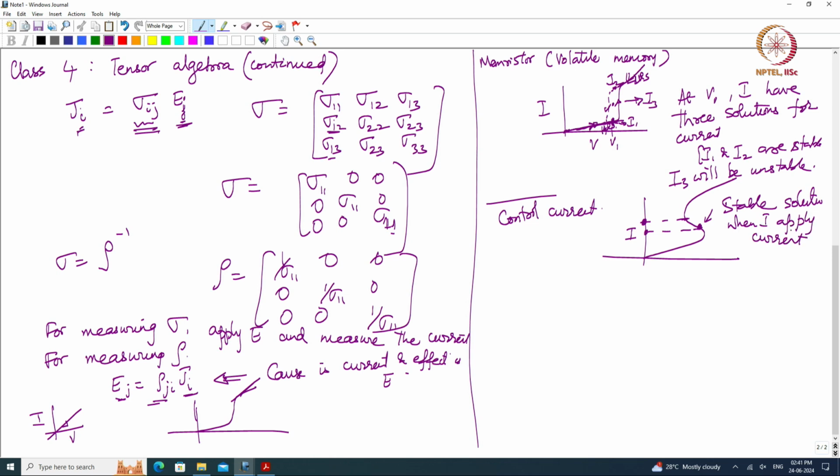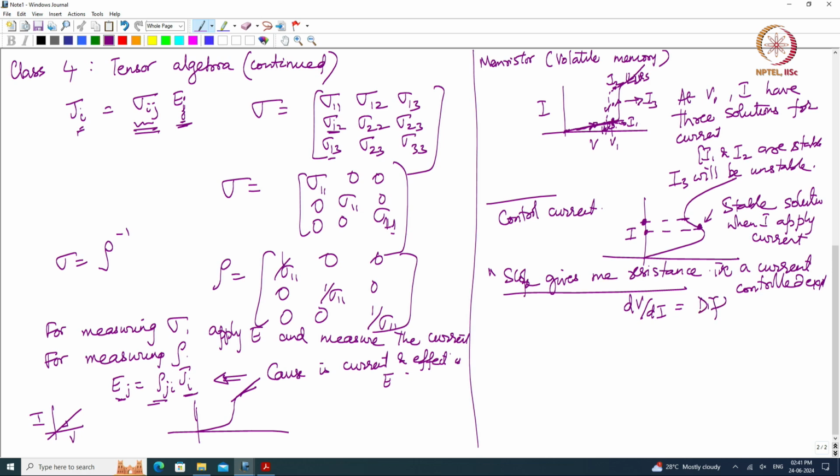So if I just take the slope of this and say the slope gives me resistance or conductance, in a current controlled experiment I have to look at what dV by dI is, and that gives me what is called resistance or differential resistance.